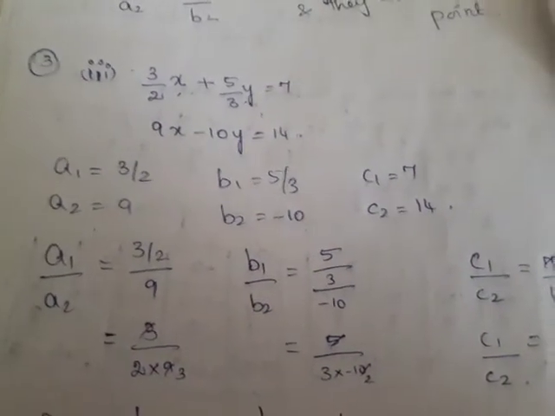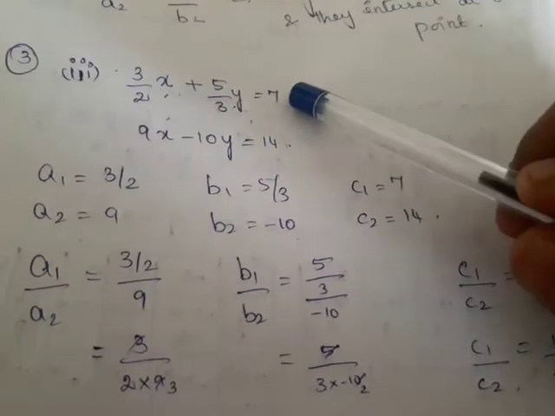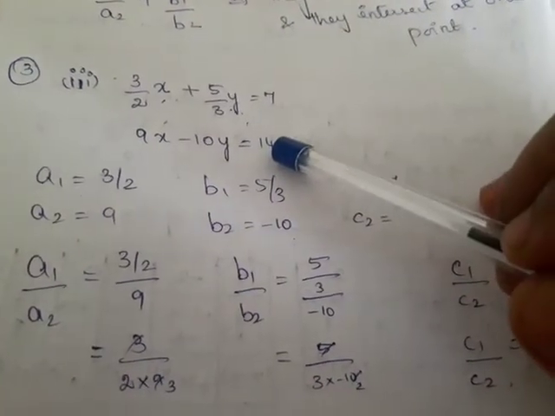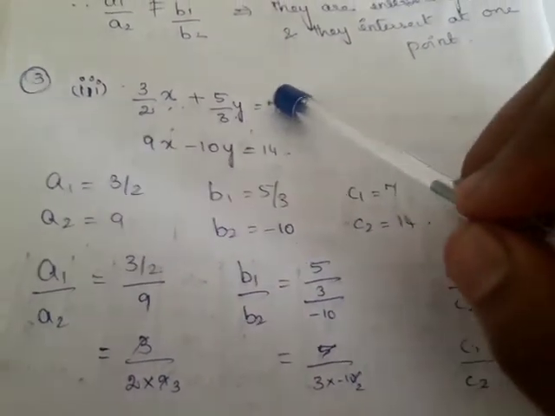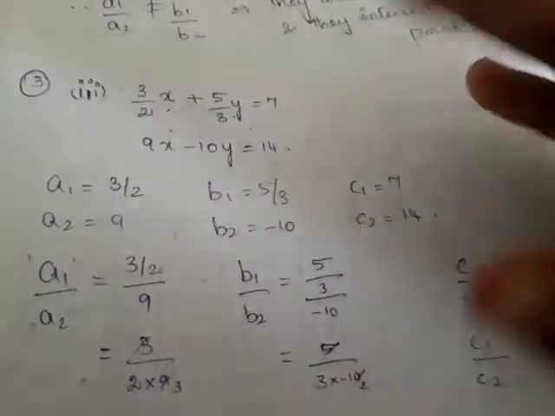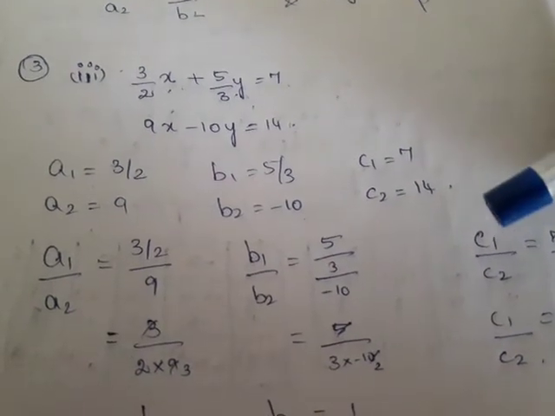Because the sign differs, you will get a wrong answer. Hope you understood. In the first equation also equal to 7, the second equation also equal to 14. Suppose if it is minus 7 equal to 0 in the first equation and it is equal to 14, then change any one of the equations to the same format and then take the values and proceed with your problem.